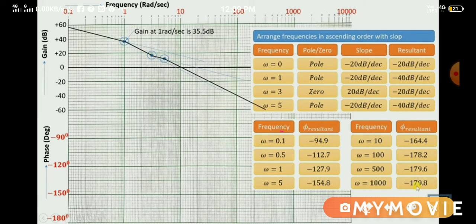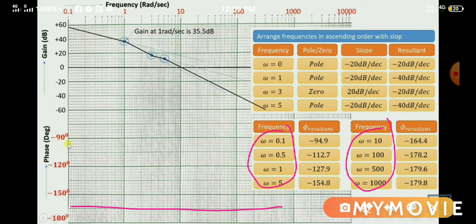So similarly, we'll go for the phase angle plot. We have frequency from 0.1 to 1000. Now minus 180 will be our reference line. So we'll just mark the points.